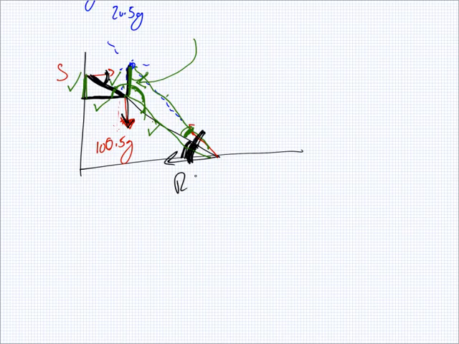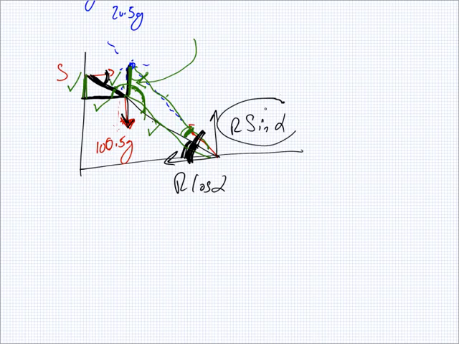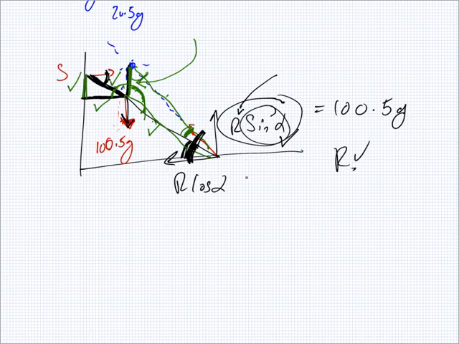So this will be R cos that angle, and this here will be R sine that angle. But I know what R sine should equal. It should equal the total downward weight, which is 100.5. So if I know sine alpha, can I know the R? If I know the R and I know the alpha, can I know the R cos alpha? Yes. And then it's finished.